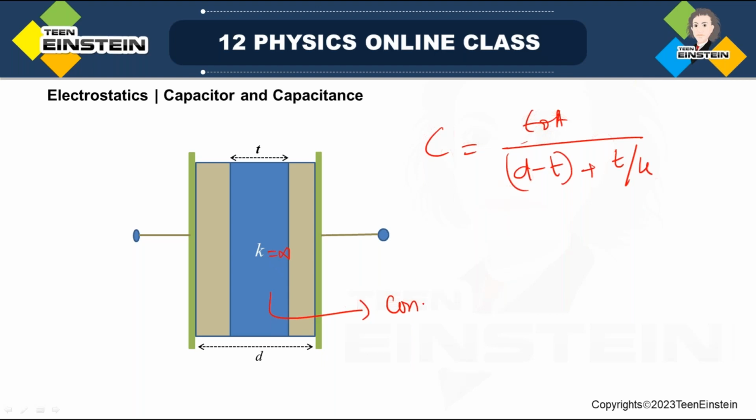If this is conducting, then k will be infinite. If k is infinite, then t by k is 0, so the formula becomes epsilon 0 A by (d minus t).